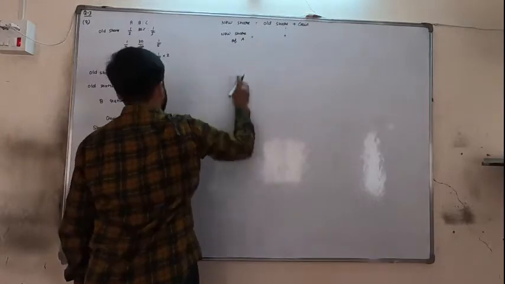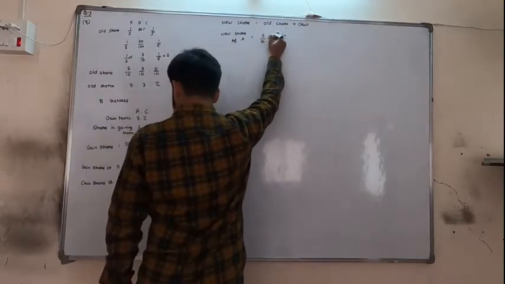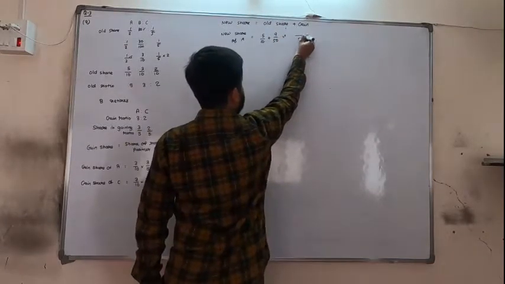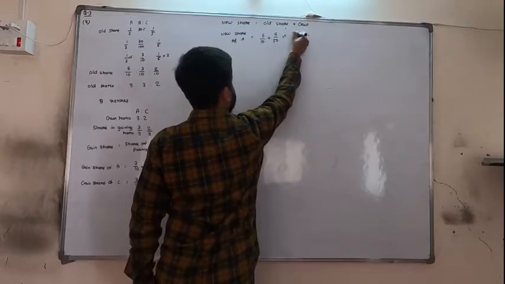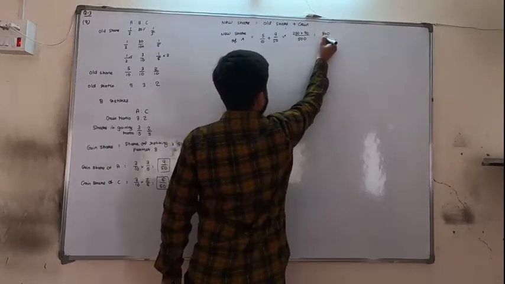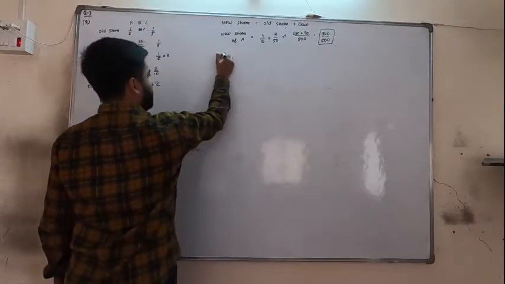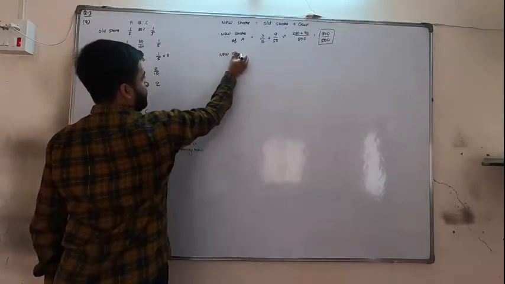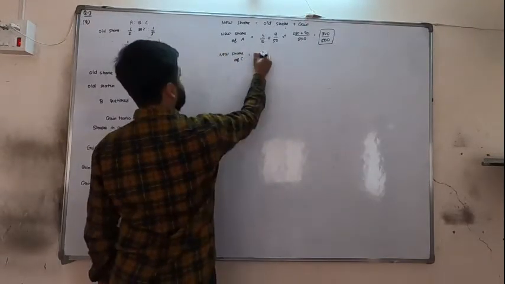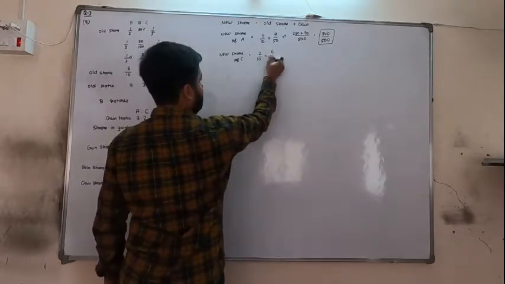New share of A. Old share of A is 5/10, gain is 9/50. 50 10s are 500, 50 5s are 250, 10 9s are 90, so 340/500. Then new share of C. Old share is 2/10, gain is 6/50.